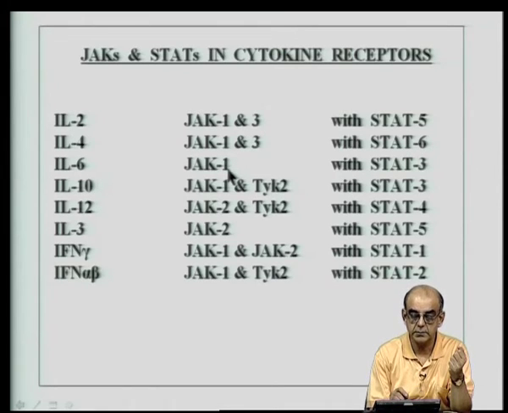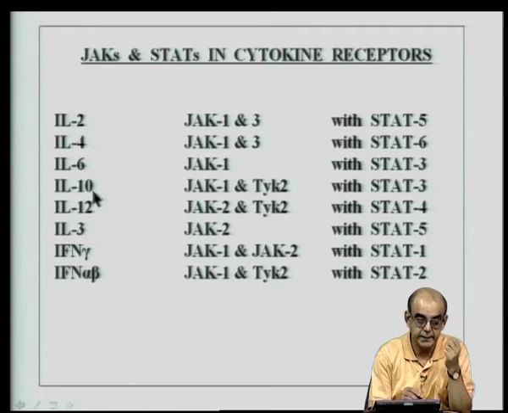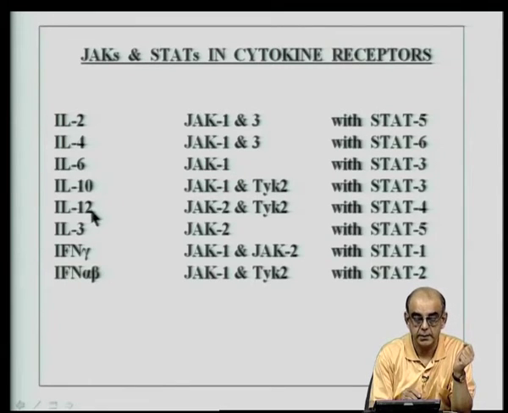IL-6 uses JAK1, in some situations it uses others, but basically it uses JAK1 along with STAT3. IL-10, on the other hand, uses JAK1 and another tyrosine kinase called TYK2, which is coordinated downstream by STAT3. IL-12 is another very important cytokine, IL-10 being characterized as an immunosuppressive, anti-inflammatory cytokine, but IL-12 being a pro-inflammatory cytokine.